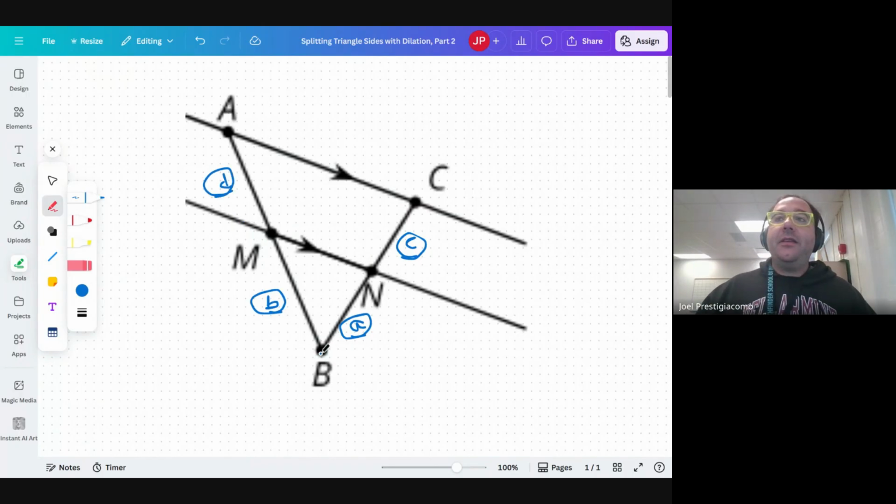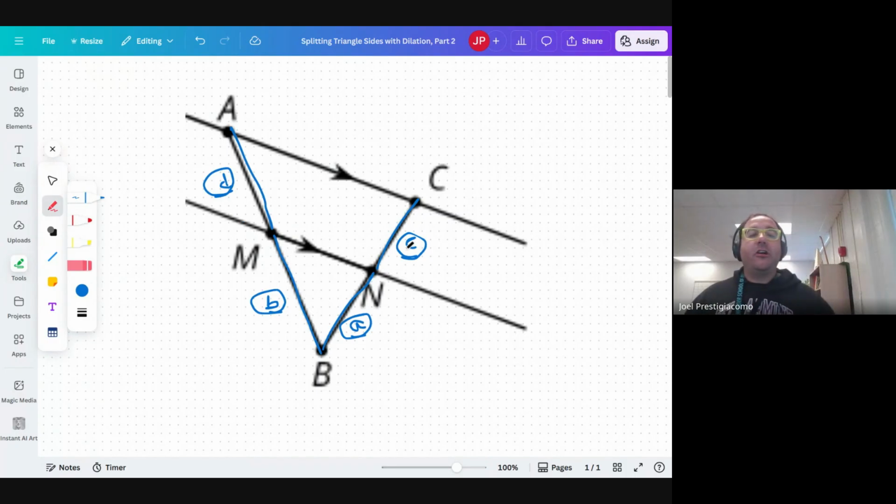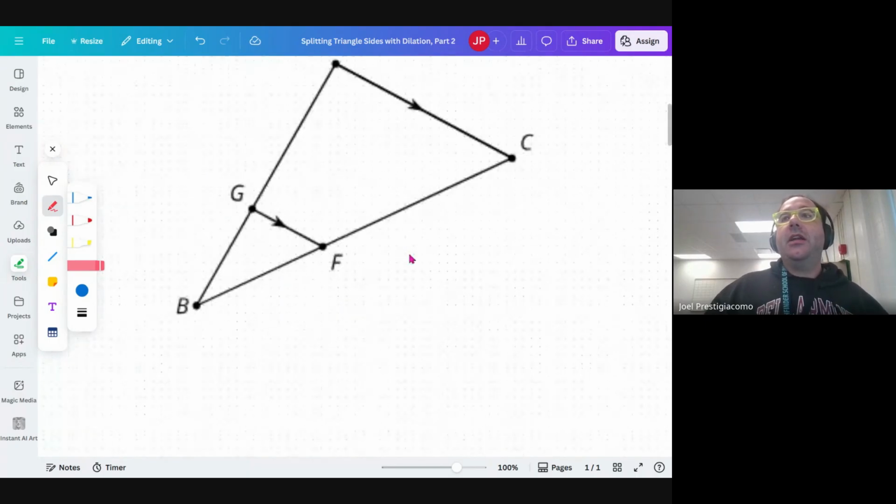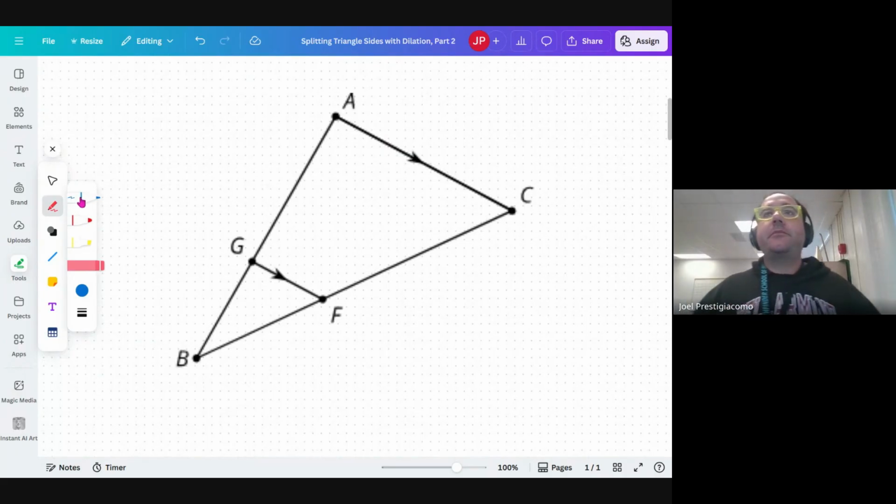Because as it goes this way, we see a certain distance, and that distance is going to relate to the distance to the next parallel line the same way that we see on the other side. So this can be used to solve various problems or to examine missing parts in these types of triangles. Let me show you what I mean exactly here.